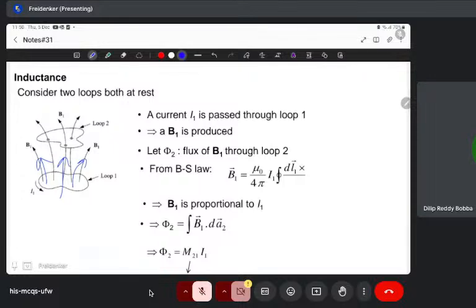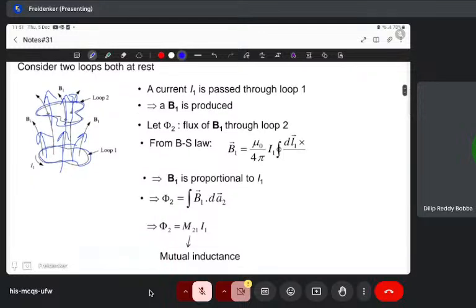It means this is a closed loop. It has an area. Magnetic field lines of the first loop will be passing through the area of the second loop. So there is some magnetic flux that is passing through loop 2. So magnetic field lines of loop 1 are passing through loop 2. That is fine. So what is inductance? We'll see.